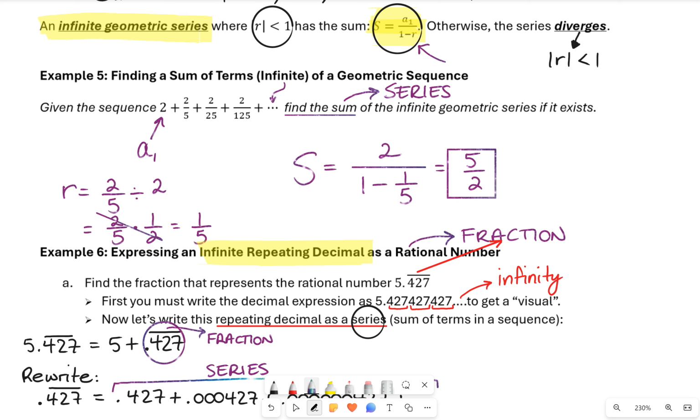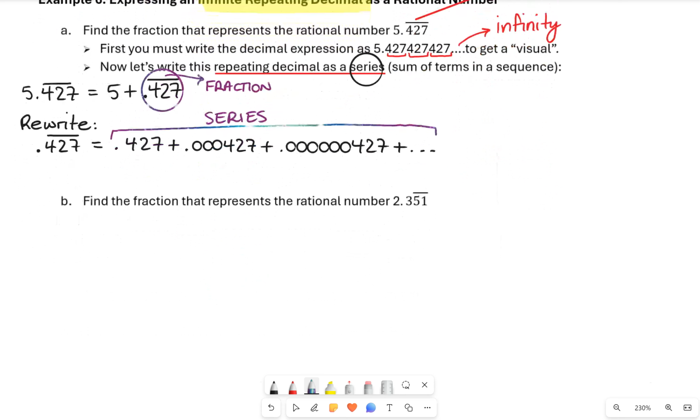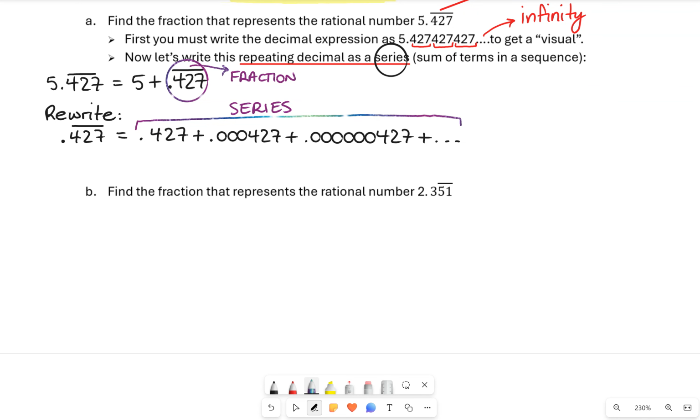So, do I have an A1? I sure do. This is my first term, A1. Do I have an R? Well, not yet, but I can find it.